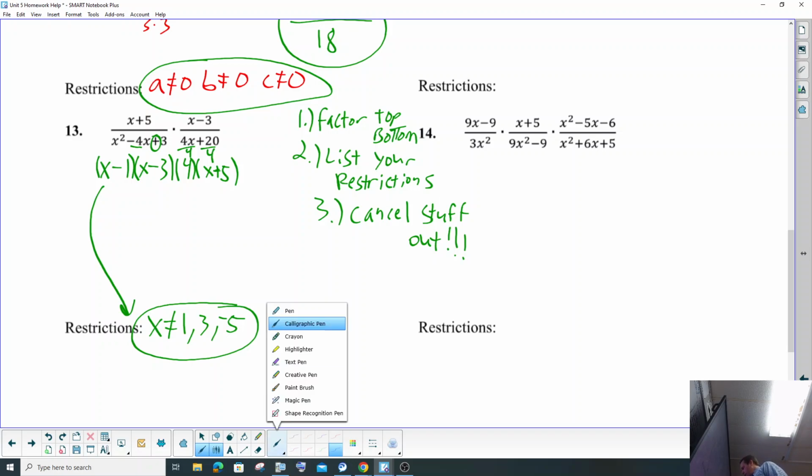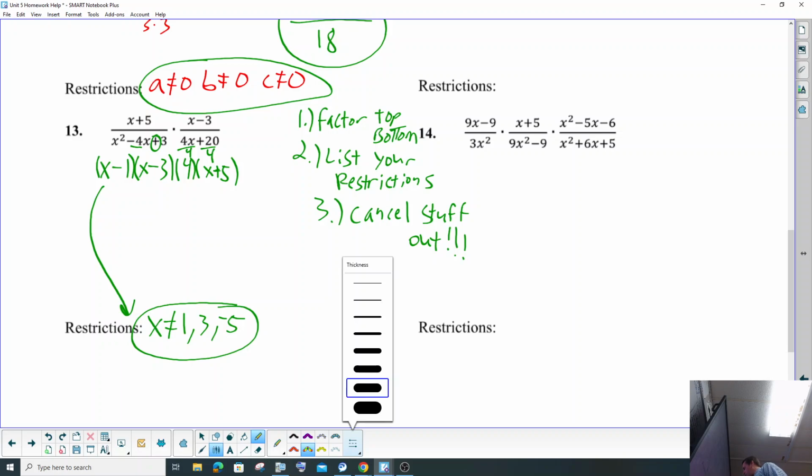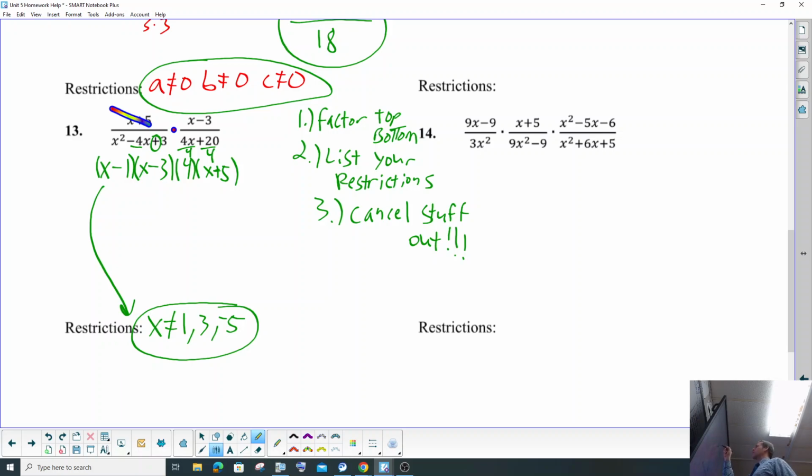And then we Fruit Ninja with our fruity pen. Whoa, rainbow. There we go. So we have x plus 5 on the top. Only because of multiplication can we do this. Addition, subtraction, you can't, but multiplication.